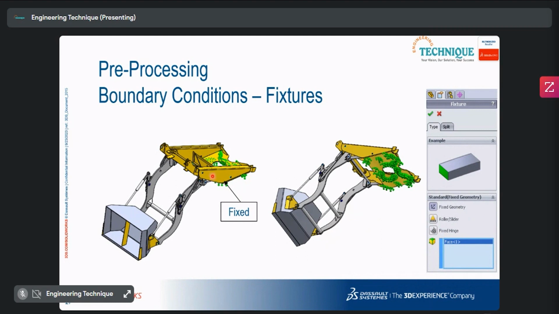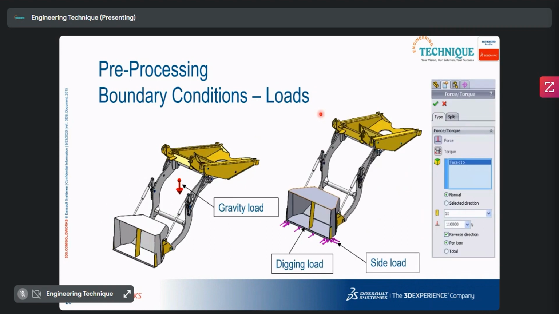Now, after defining a particular fixture, you need to apply a loading condition. This is another boundary condition that you must use in any structural simulation. Here the gravity load is applied, the digging load is applied, generally normal to the boundary, though it is not true every time.